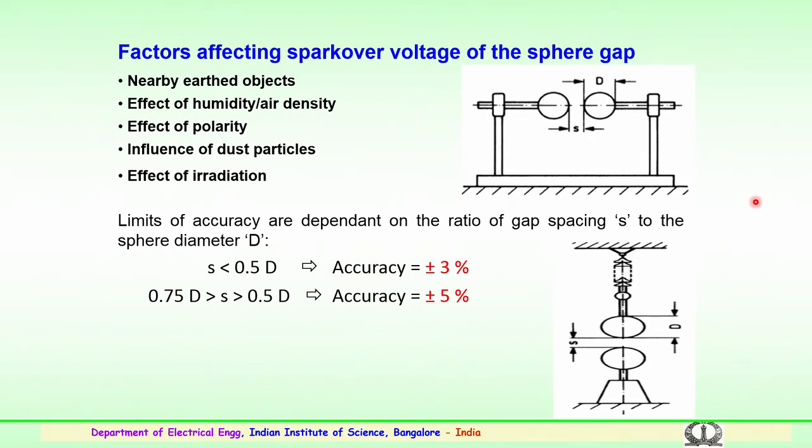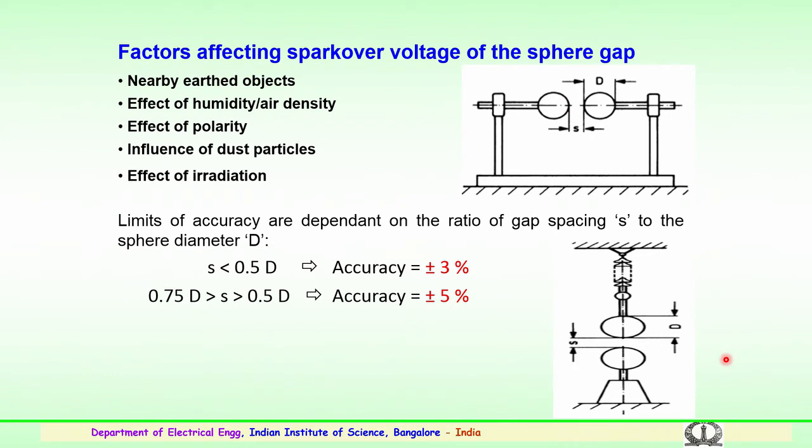So, limits of accuracy of the measurement, the spear gap arrangement. The values which you get, either in horizontal or vertical type of arrangement, are normally dependent on the ratio of gap spacing, that is S between the spear gap assembly, to the diameter of the spear.